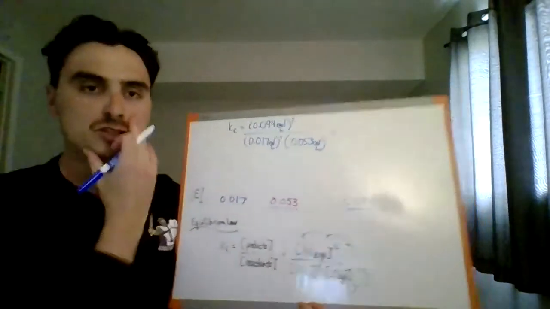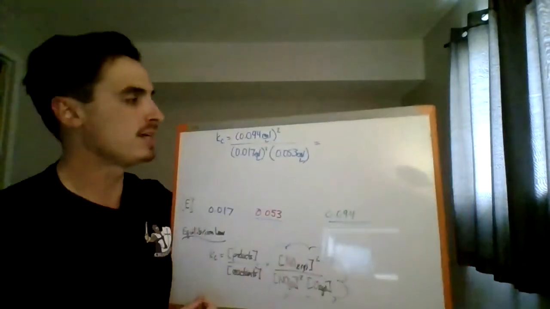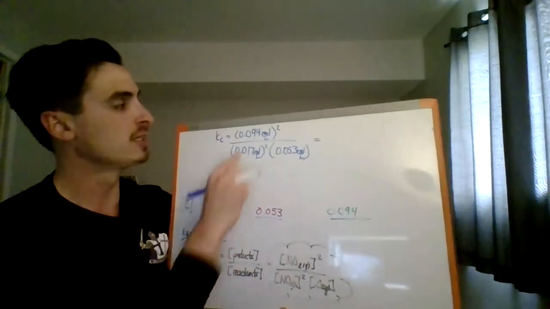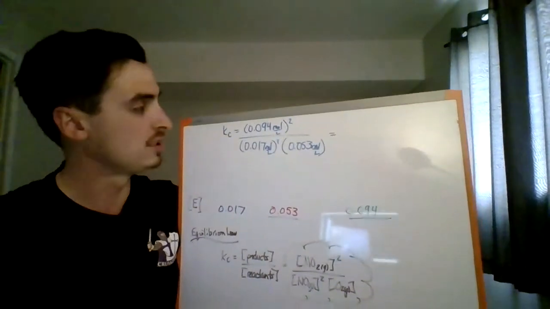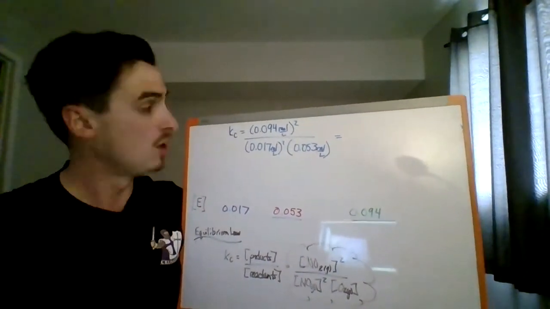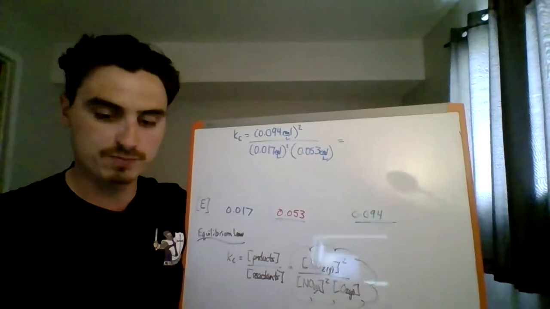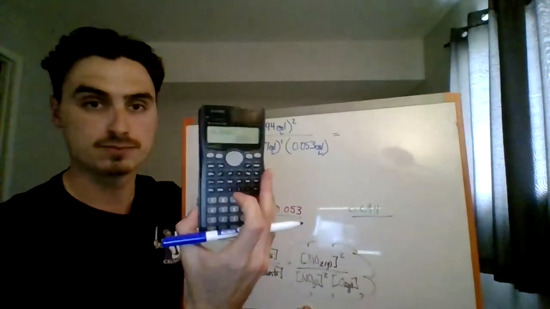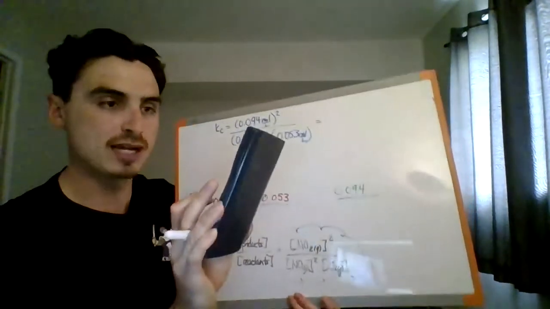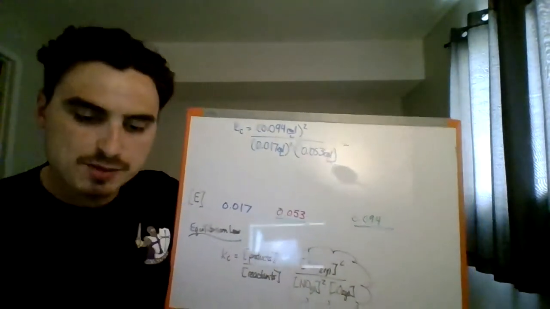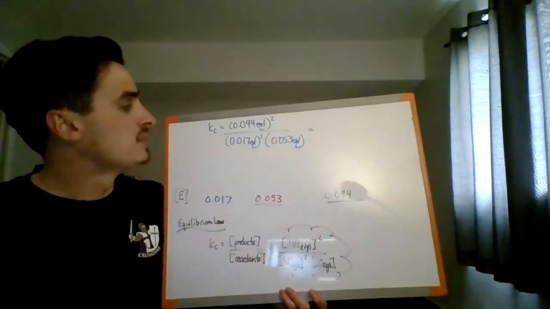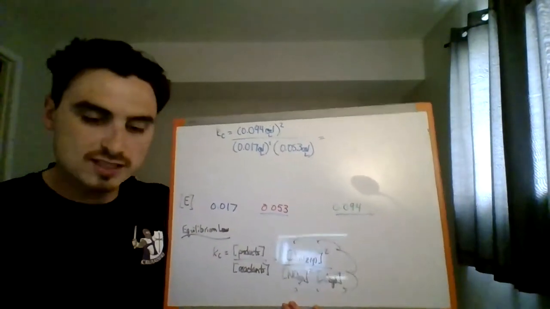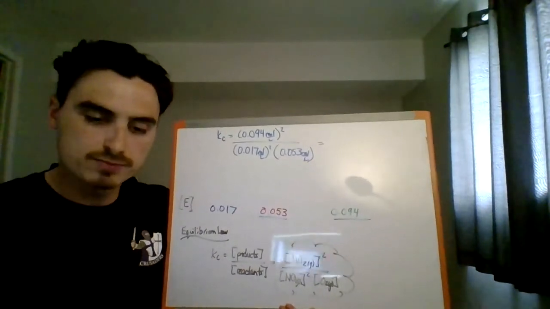So what I would recommend doing, guys, to solve this problem is just go step by step. I would do 0.094 squared in my calculator, the old-fashioned one. You get 8.836 times 10 to the negative 3. I would then divide that by 0.017 squared.